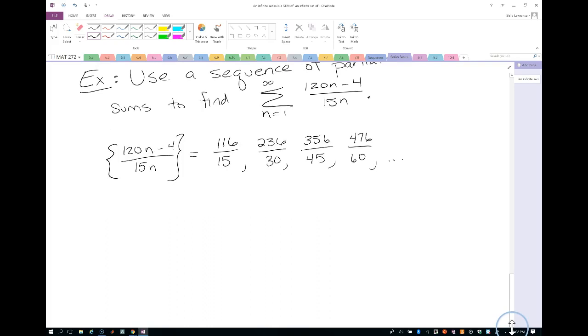So for S sub 1, our first partial sum, you only use the first term, 116 over 15. For S sub 2, you add together the first 2 terms. And one thing I'm going to avoid when I do this is I'm not going to do any simplifying.